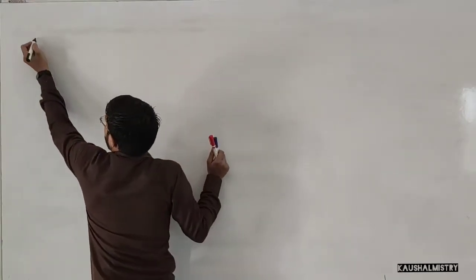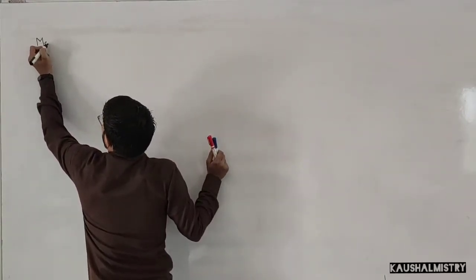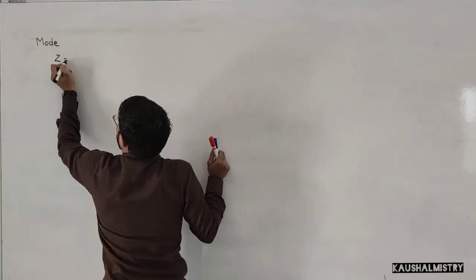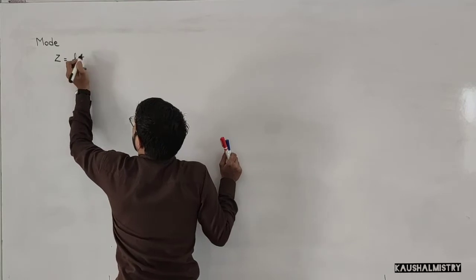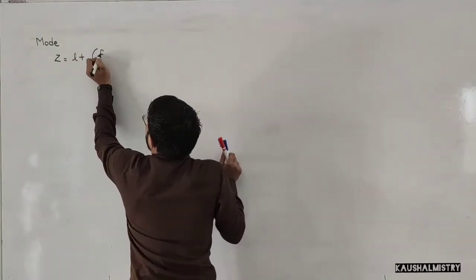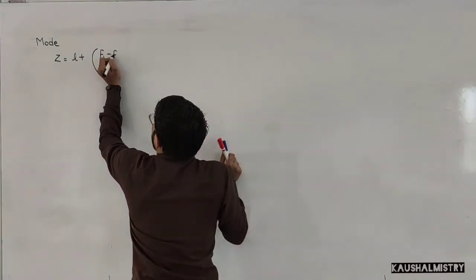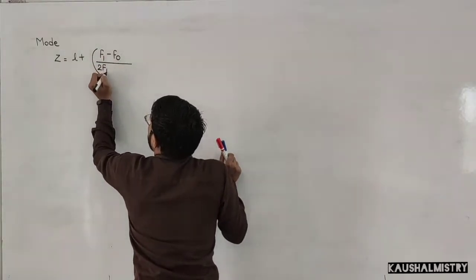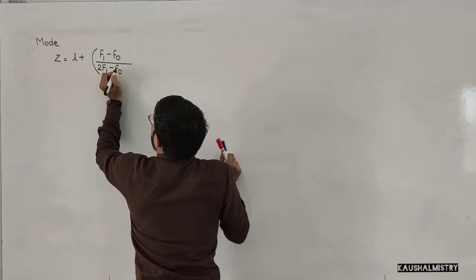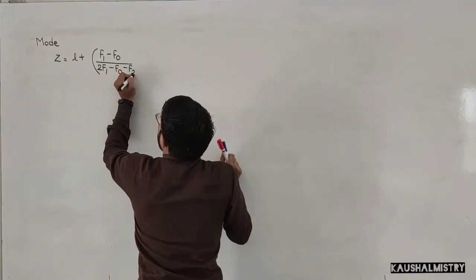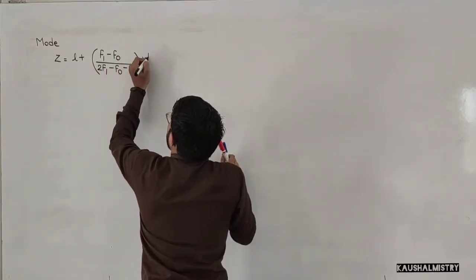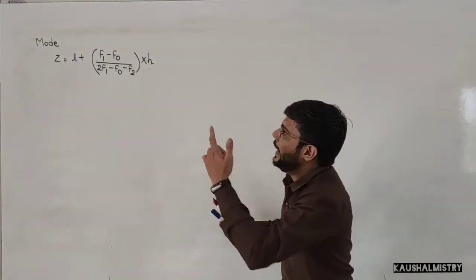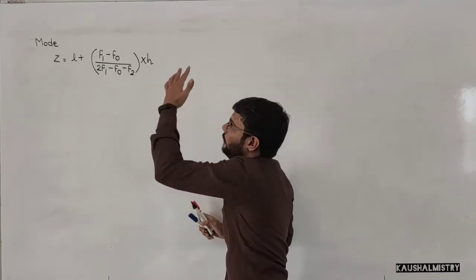The mode is denoted by Z. So Z is equal to L plus (F1 minus F0) upon (2F1 minus F0 minus F2), multiplied by H. Now, what are L, F1, F0, F2 and H?